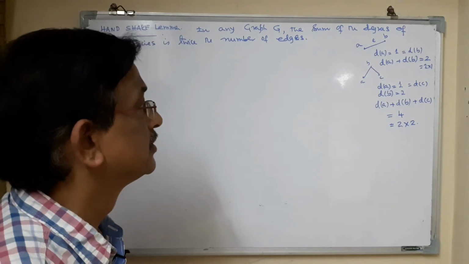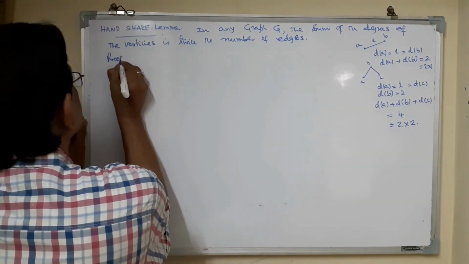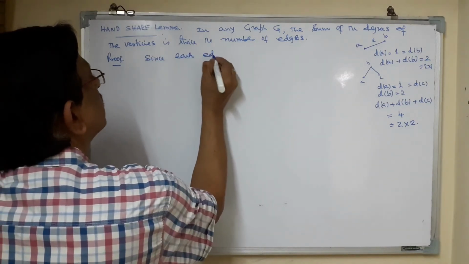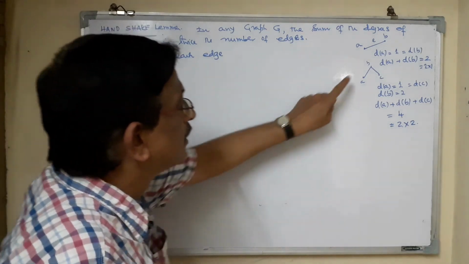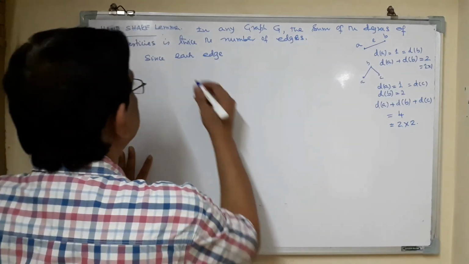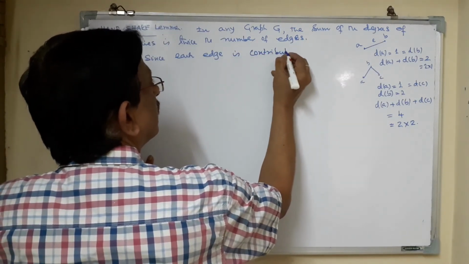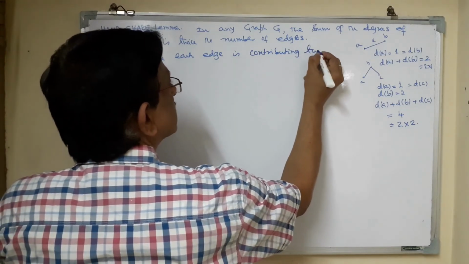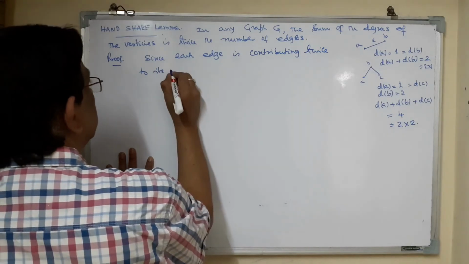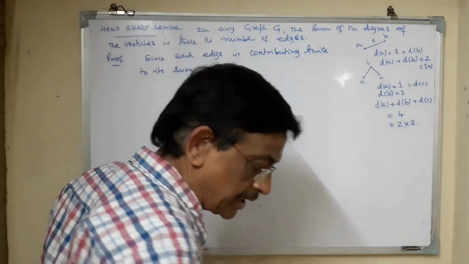How do you see this one? The proof is very, very simple. Since each edge, if you take this edge, is contributing twice to the sum, each edge is contributing twice to the sum of the degrees.